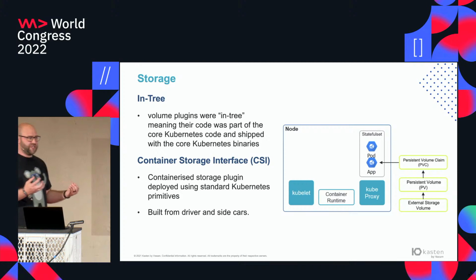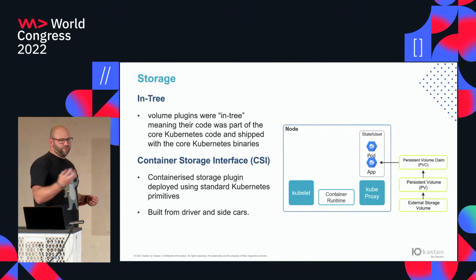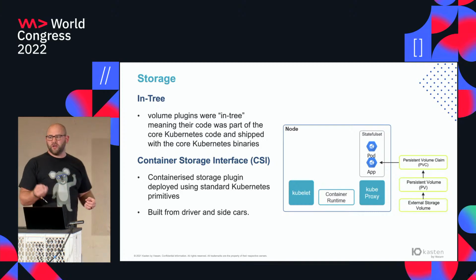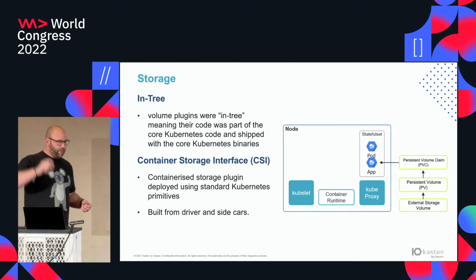So that obviously had its delays. We were releasing 3 times a year, but these were volume plugins, and it was kind of the first iteration of, well, we can run stateful workloads in Kubernetes. So that was the first light bulb moment for that.